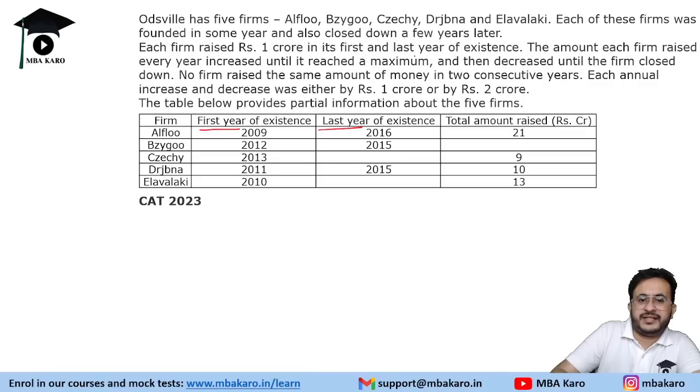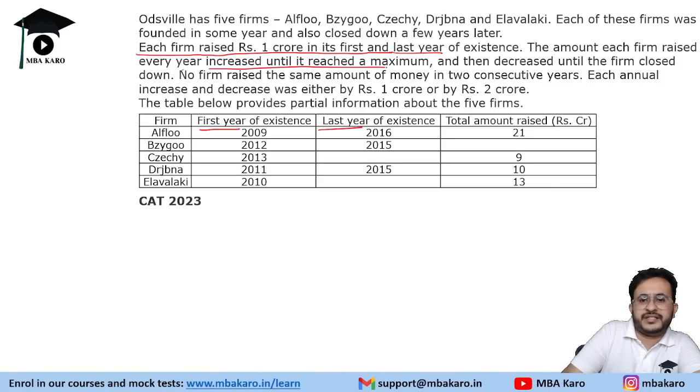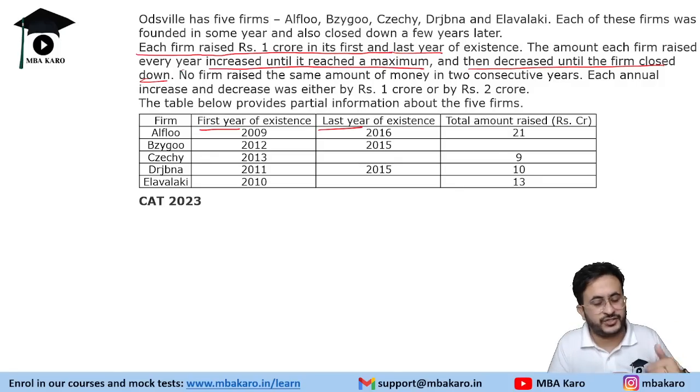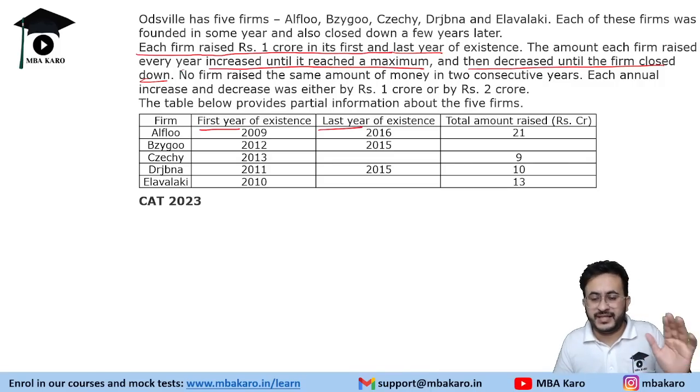And it said that each firm raised 1 crore in its first year and last year of existence. And it is saying that the amount increased until it reached a maximum and then decreased until the firm closed down. Okay, and no firm raised the same amount of money in 2 consecutive years, so it means that there is change, right? So this is also one of the logics which is tested, that it is either increasing or decreasing, or things like that.